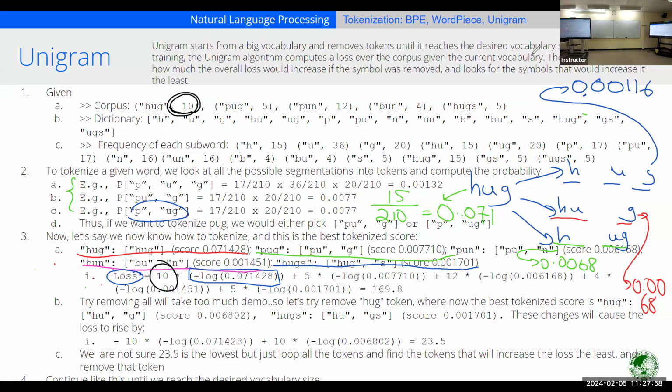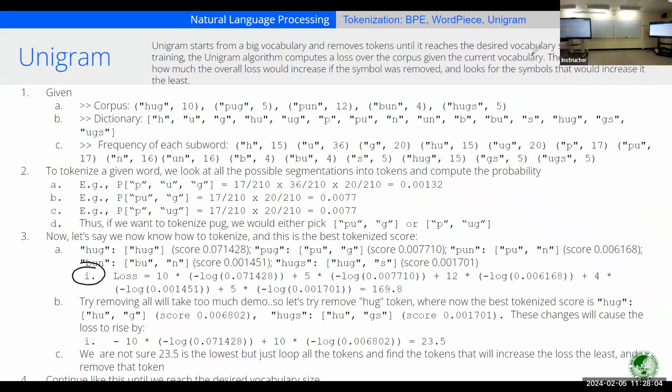So now, let's say we compute the whole loss, right? And we got 169.8. So now the question is how do we actually work on this?